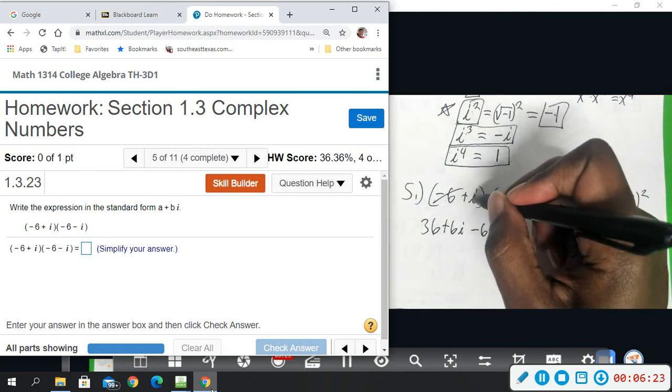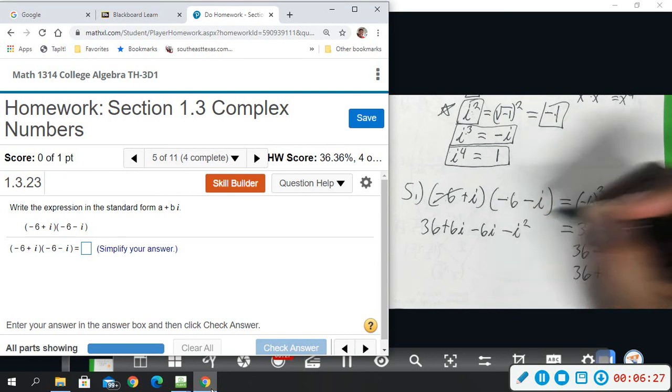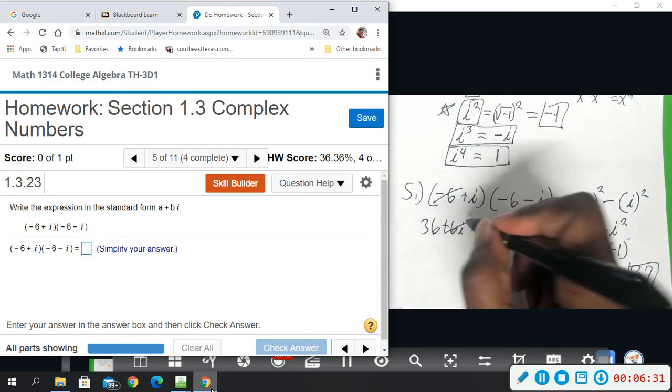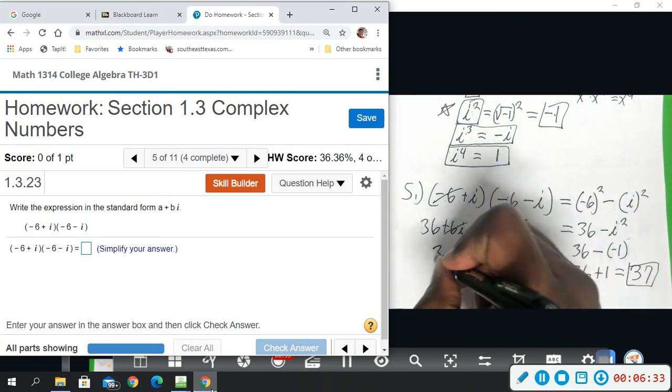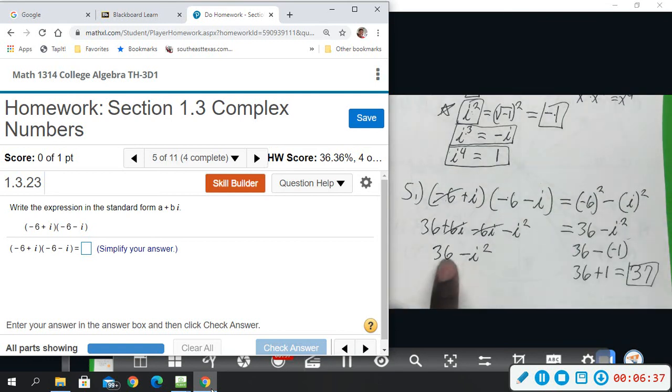And then I times negative I minus I squared. Alright, positive 6I, negative 6I, opposites, they will cancel. So you end up 36 minus I squared, which is where I started, and then from there it'll be the same. Okay. So 37 is our answer in this case.